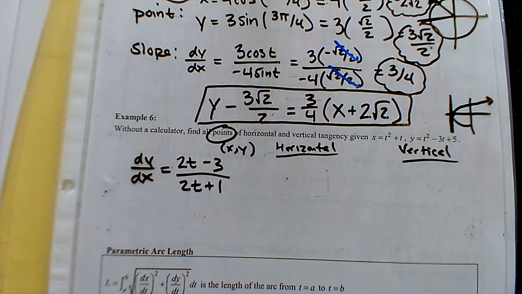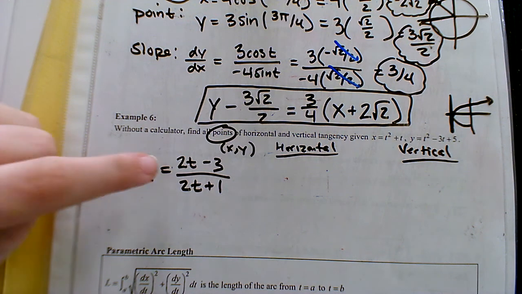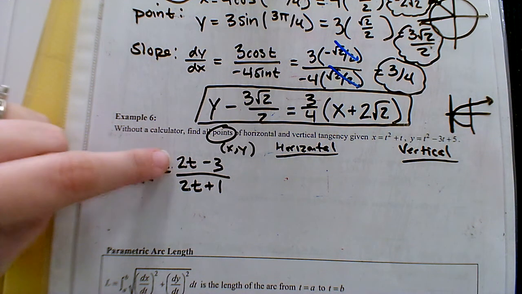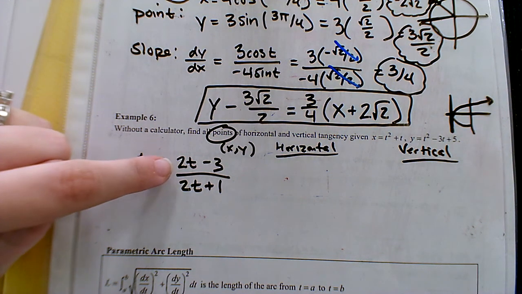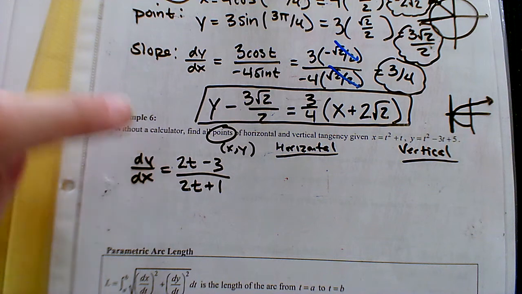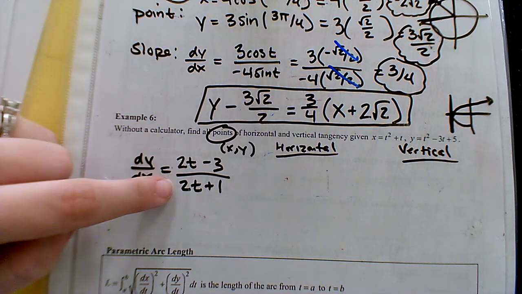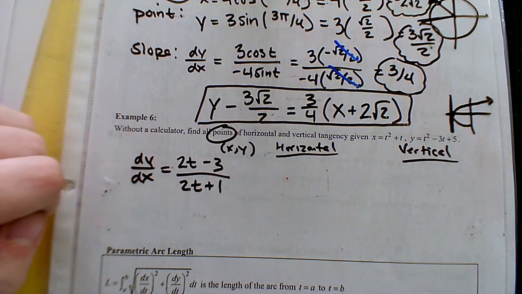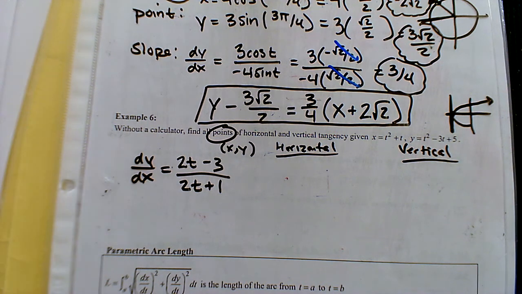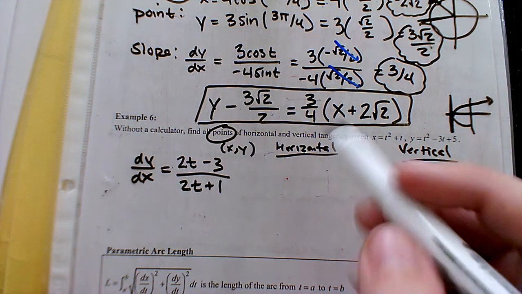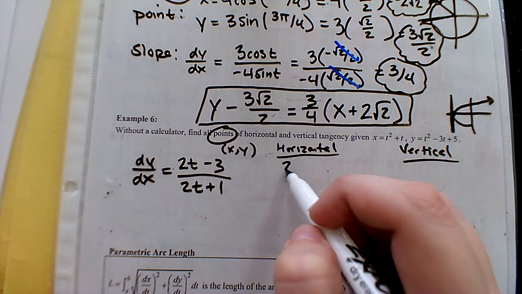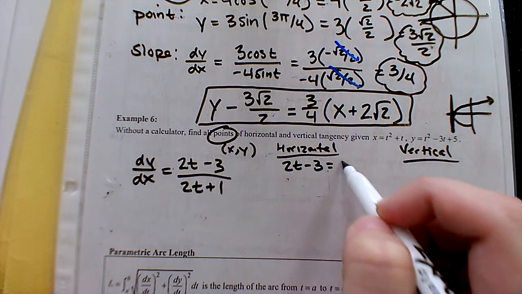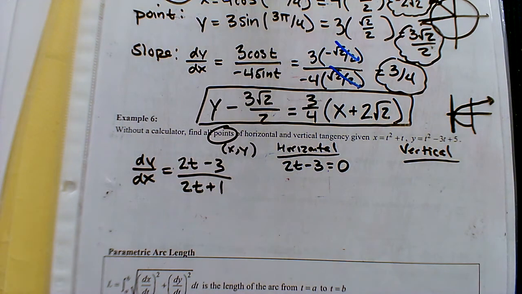What's the slope of a horizontal line? 0, okay? And since this derivative is a fraction, when a fraction equals 0, what part of the fraction should equal 0? Top, okay? So to figure out a horizontal tangency, we're simply going to set the top equal to 0.